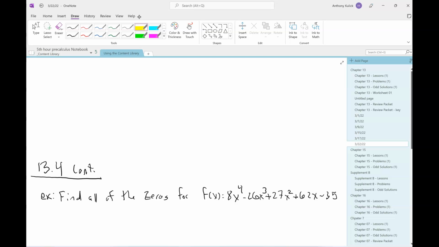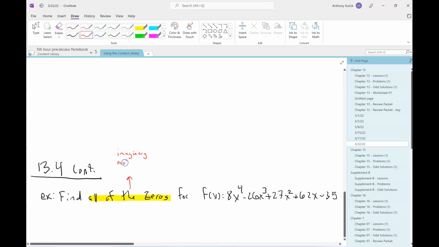Okay, so here the directions say find all of the zeros for f of x equals 8x to the fourth minus 26x cubed plus 27x squared plus 62x minus 35. When we say all of the zeros, that means that we could have imaginary things.